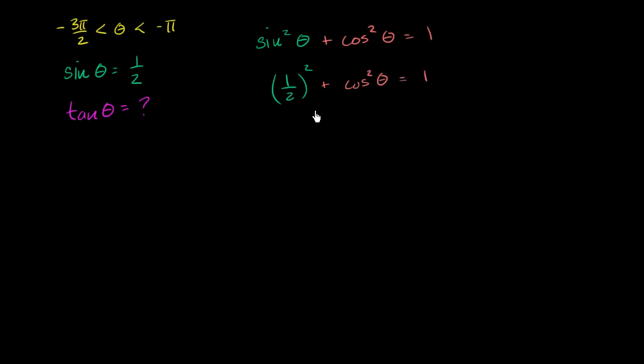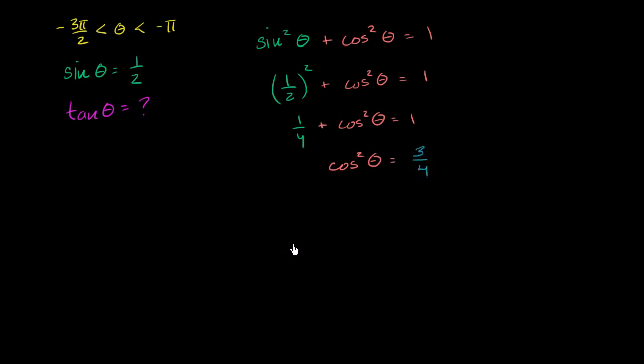Or we could write this as 1/4 plus cosine squared theta is equal to 1. Or we could subtract 1/4 from both sides and we get cosine squared theta is equal to, see, you subtract 1/4 from the left-hand side, then this 1/4 goes away. That was the whole point. 1 minus 1/4 is 3/4.